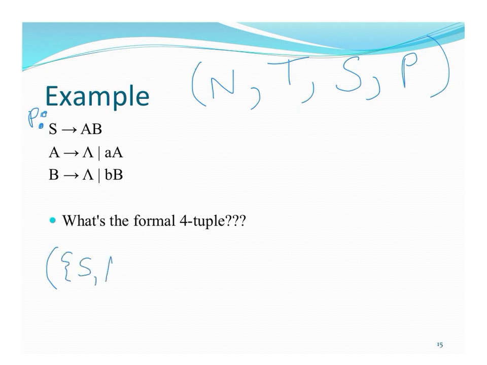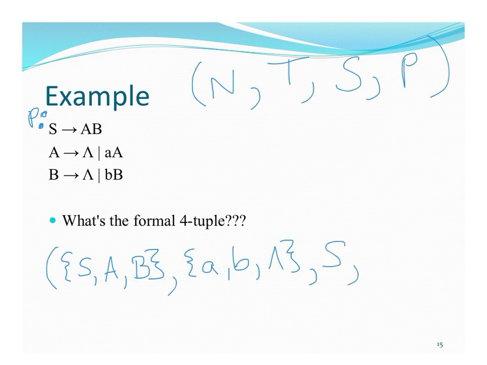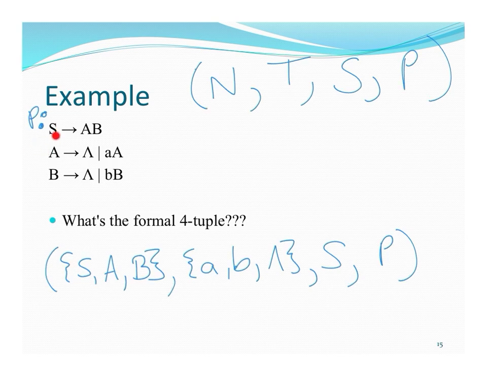So that would be S, A, and B. My terminals are the letters of the alphabet and also lambda, if it exists in here, that could possibly be derived from my non-terminals. So in this case, I have A, I have B, and I have lambda. My start symbol is going to be S, and my production rules, I'll just write P because I defined P up here.